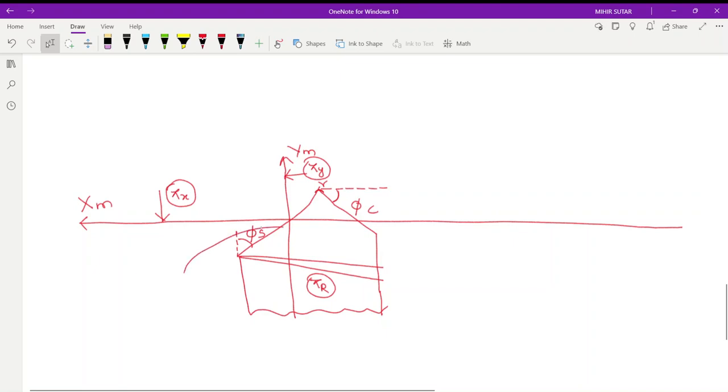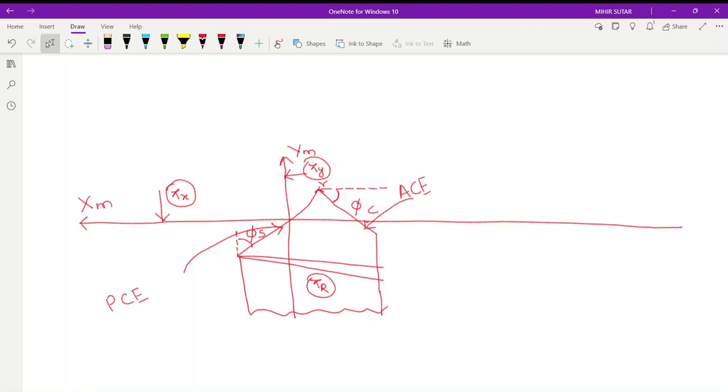This is the principal cutting edge, PCE. And what is this? This edge is your auxiliary cutting edge. Okay. Now what we will do?